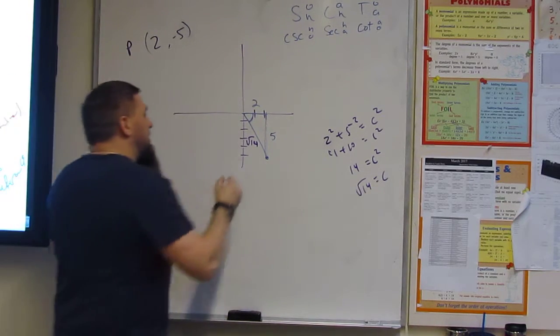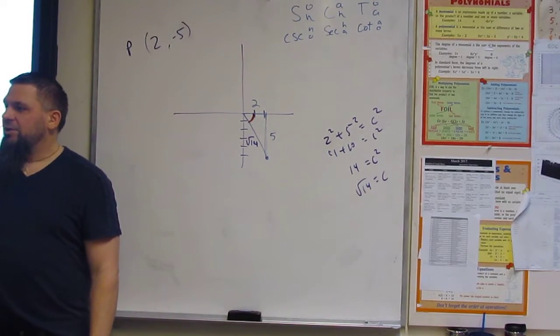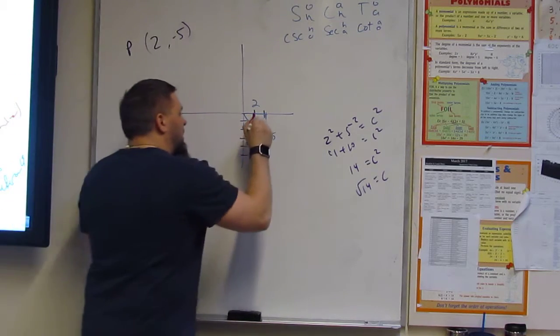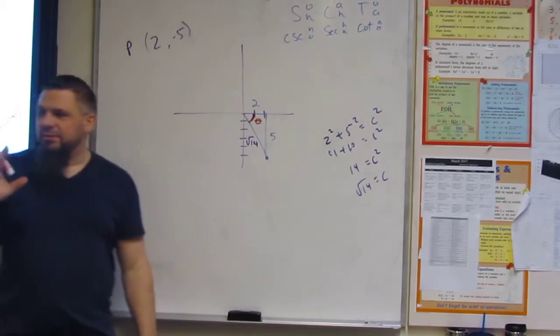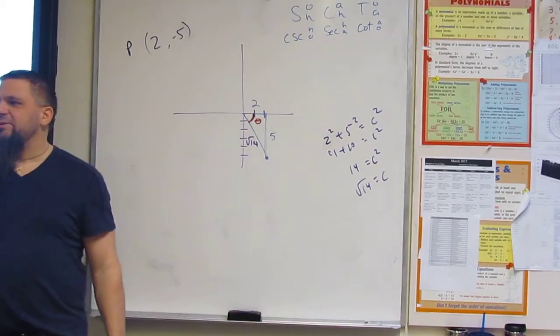So when we look at this angle, and I'll show you how to find that angle in a minute, we call it theta in this case, right? Then we would talk about your trig functions of theta.